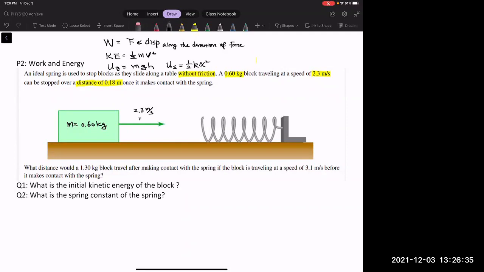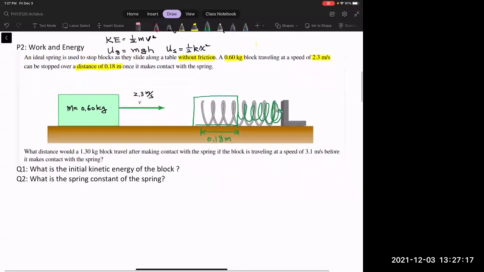When this block hits the spring, what happens is the block is going to compress the spring. So the spring will be like this, and the spring is going to be pushed by this much distance. And this distance is 0.18 meters. Okay, so that's the situation they give you.